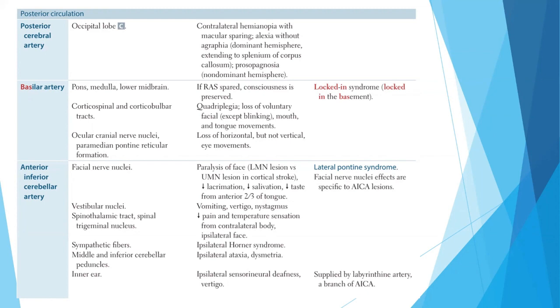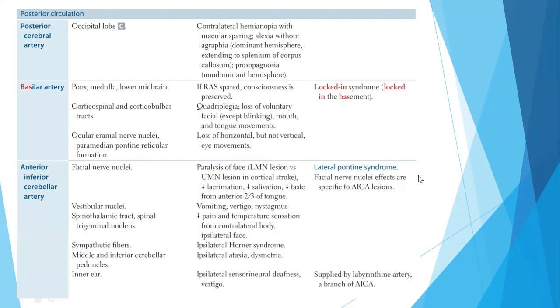Now, if it involves the anterior inferior cerebellar artery, it may involve the cranial nerve nuclei. But the thing with anterior inferior cerebellar artery is that you may see paralysis of face, okay? And the question may hint you about that with decreased lacrimation, salivation, and taste from the anterior two-thirds of the tongue. If the patient also has vomiting, vertigo or nystagmus, okay, then you can think about the anterior inferior cerebellar artery.